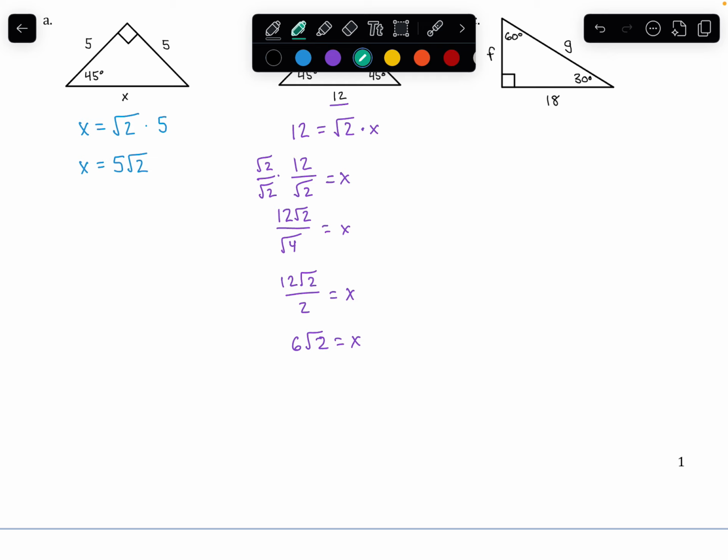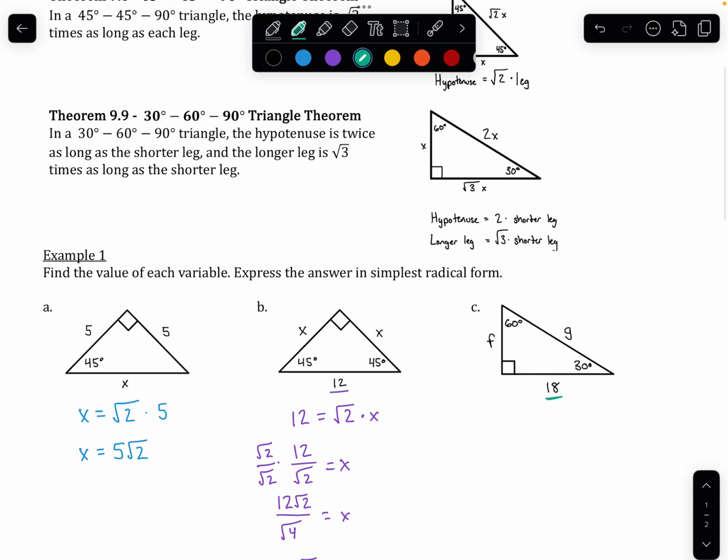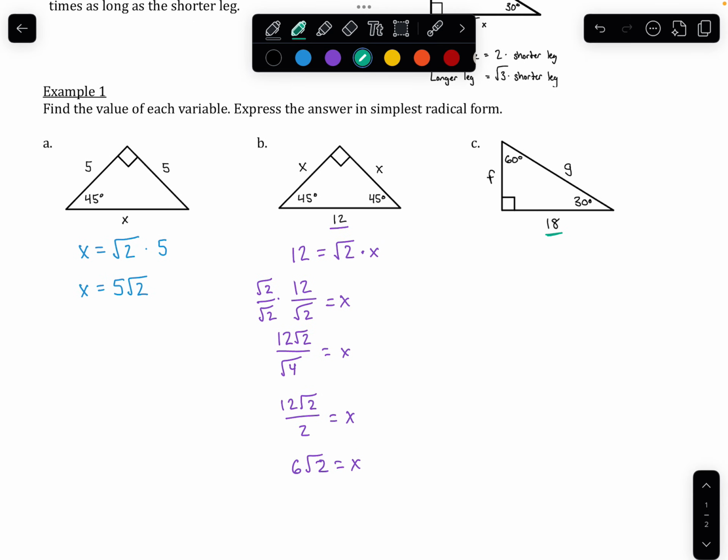Now, I need to figure out my short leg, which is f, and my hypotenuse, which is g. I know my long leg. So my formula says long leg, so long leg, 18 equals square root 3 times my short leg, which is f. Now, I'm just going to apply that same thing I did earlier.